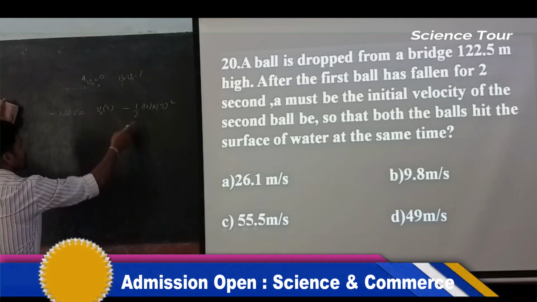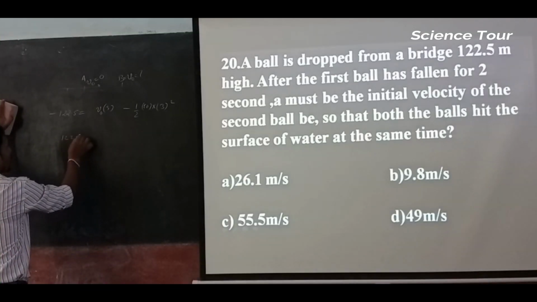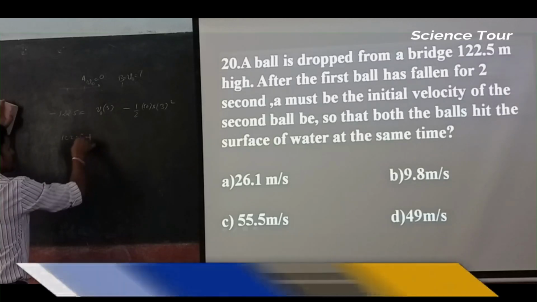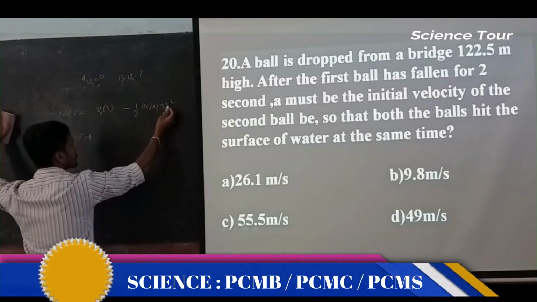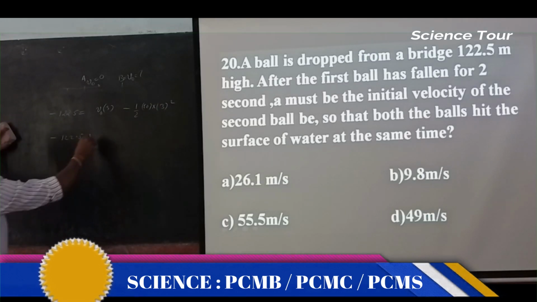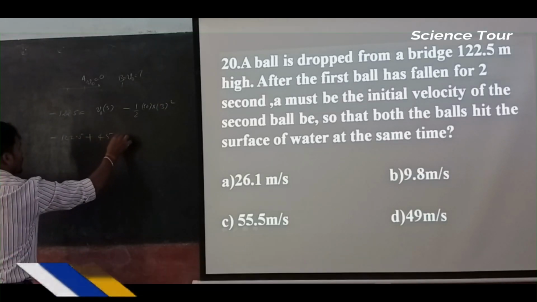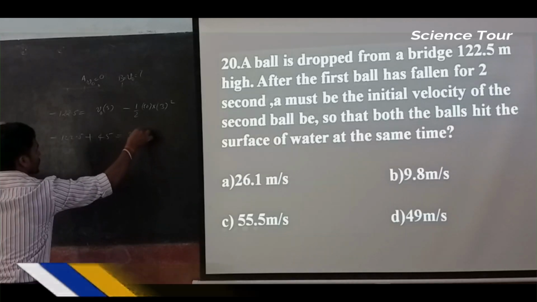Now, how much is it? 122.5 plus, it is minus this plus. So, 5 nines are 45. So here it is plus 45, which is equal to v naught into 3.